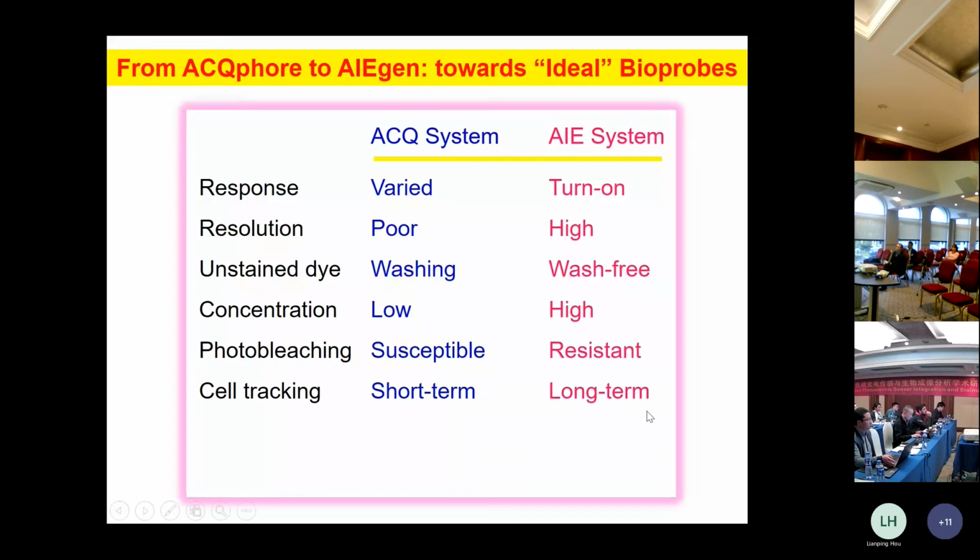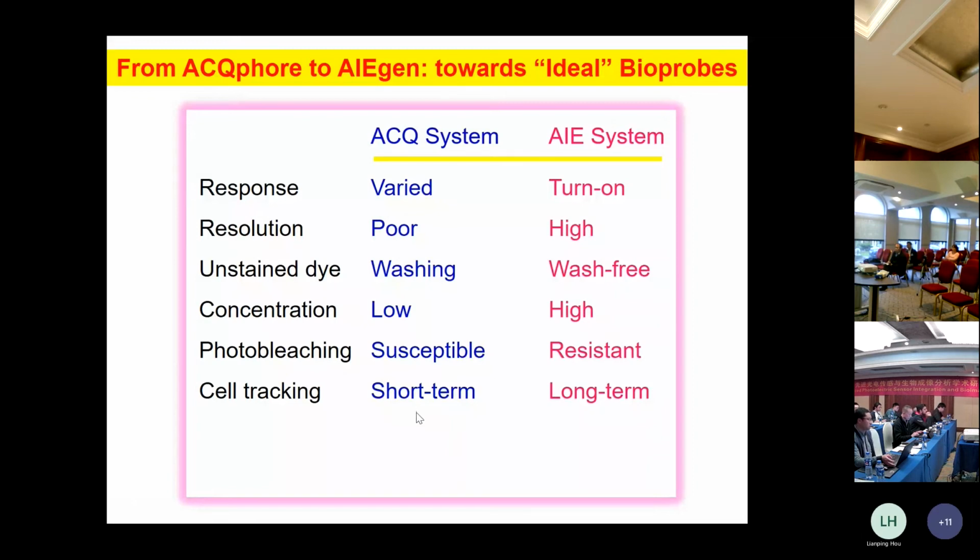We can do long-term tracking. The reason is that once it's internalized, it's very, very hard for it to come out of the cancer cell. But for a conventional system, because you use molecular species, when the concentration of the dye inside is higher than outside, it will come out.